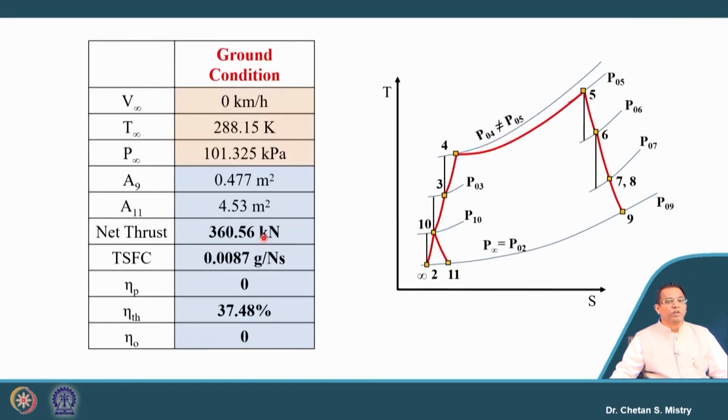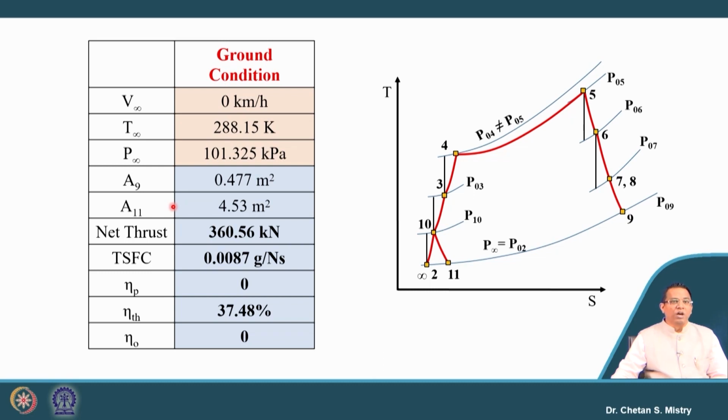So, let us try to put all this together. What we have is our ground condition, where my V infinity is 0, and my atmospheric pressure and temperature are known to us. We have done the calculation for the area of the nozzle at the exit for the turbine nozzle as well as for the fan nozzle.